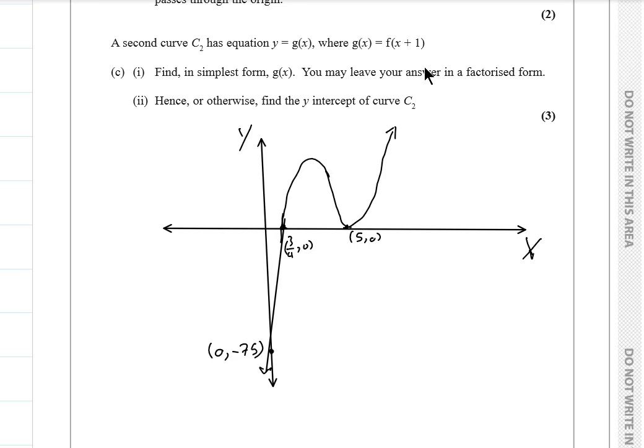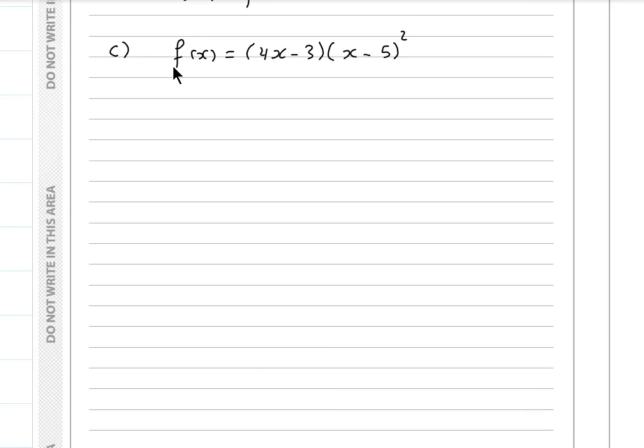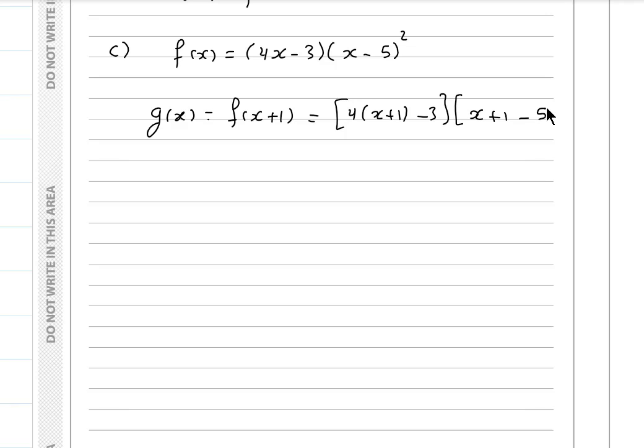We will replace each x with x plus 1, just like this. This is f of x, and the required now is to get g of x, which is f of x plus 1. Very easy. We will write it as 4 multiplied by x plus 1, close the bracket, and then minus 3, close the outer bracket, and then multiply it again by, instead of x, x plus 1 minus 5, all squared.